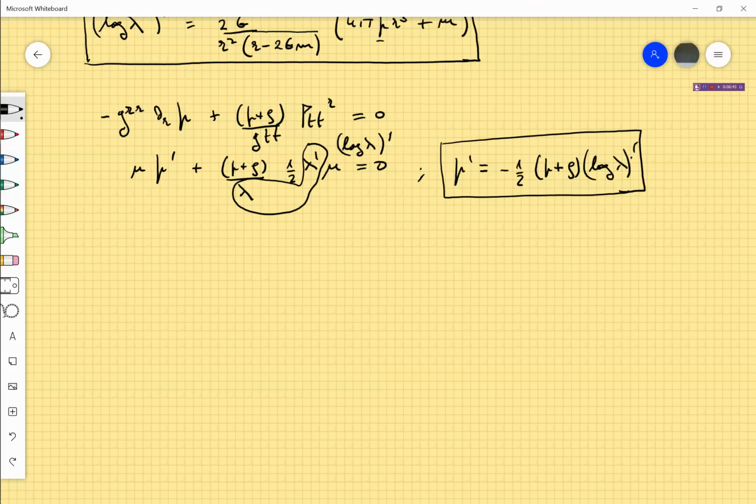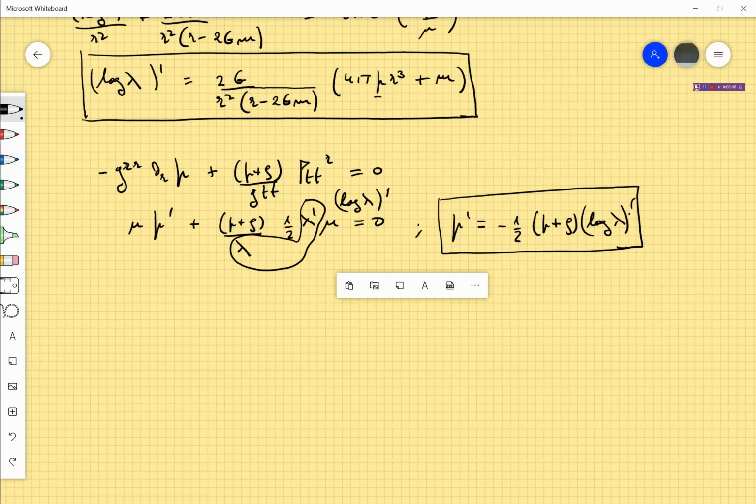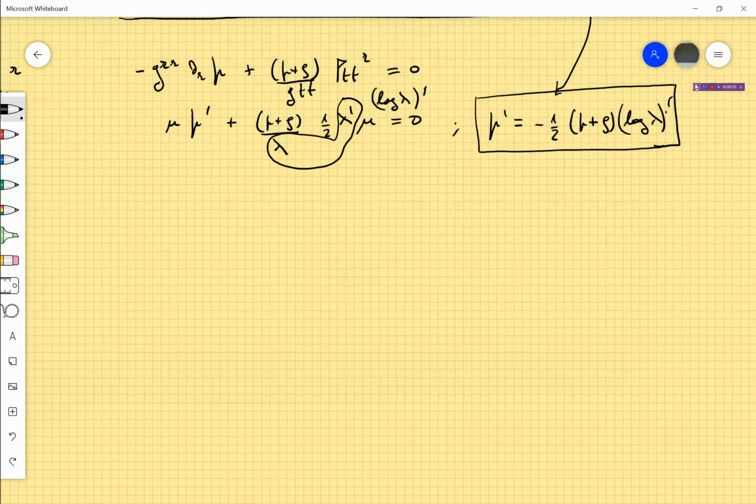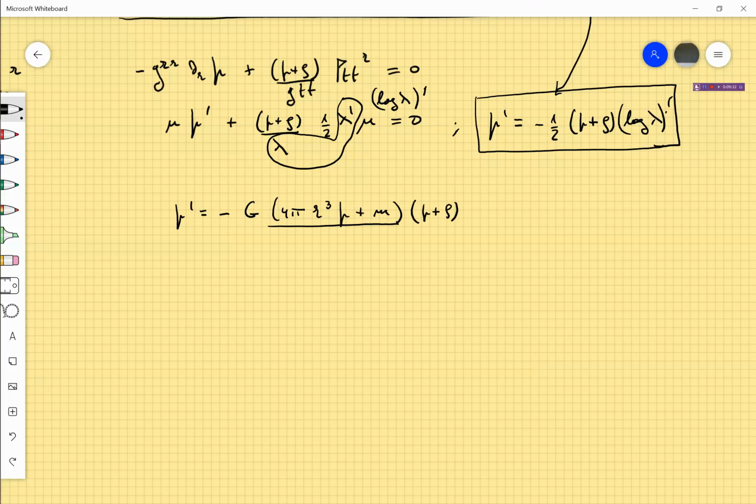But we know what the log λ prime is, because we have it in this equation that we have derived before. And what we get is just p prime equal to minus G (4πr³p + m)(p + ρ) divided by r(r − 2Gm).